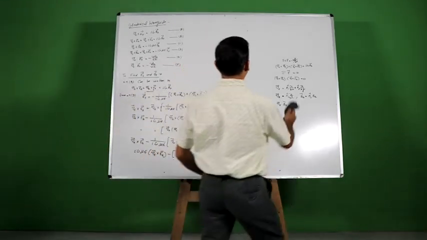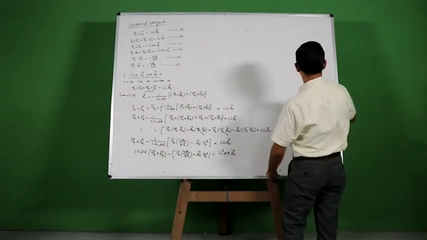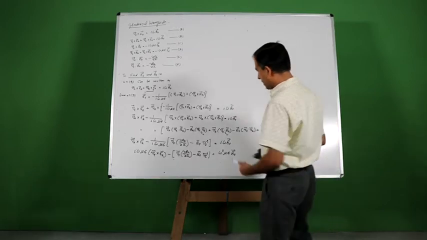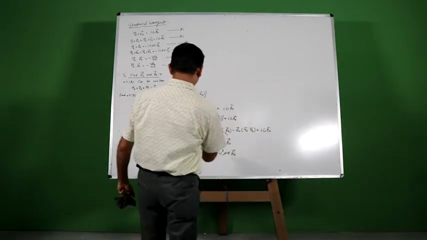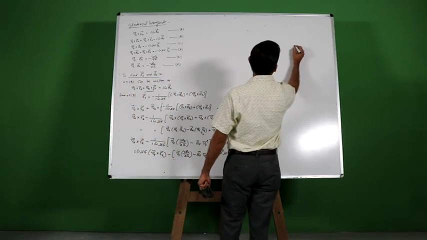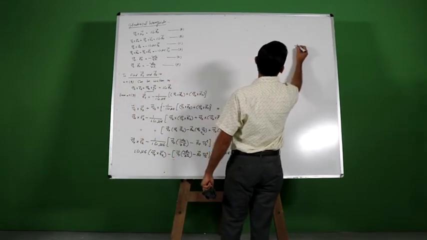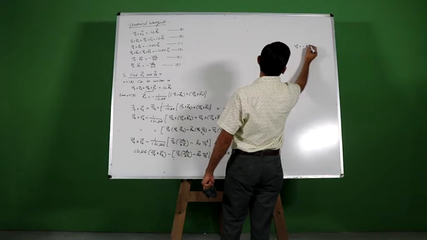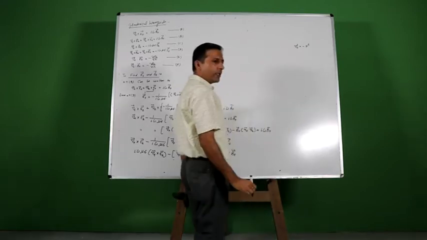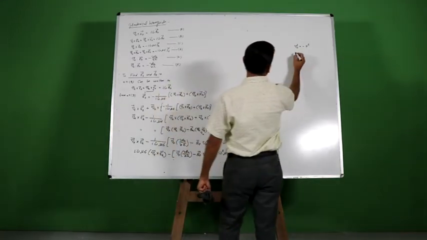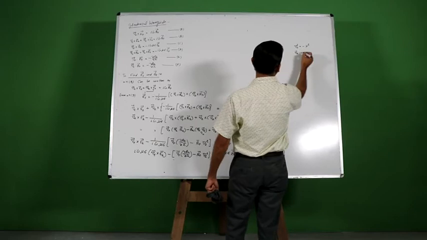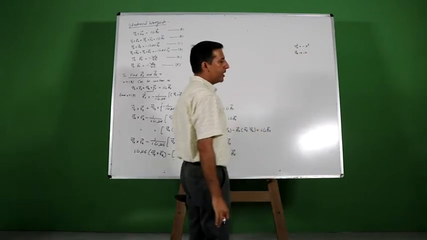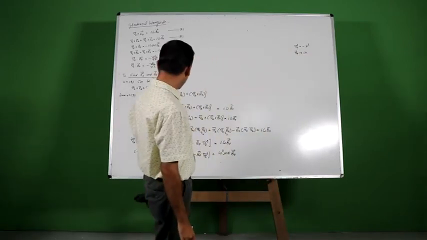Further, this can be written as, now what is del z square? Del z square is equal to minus k square. How is it equal to minus k square? Because I have told you that del z is equivalent to iota k. So del z square is iota square k square, and what is the value of iota square? Minus 1.